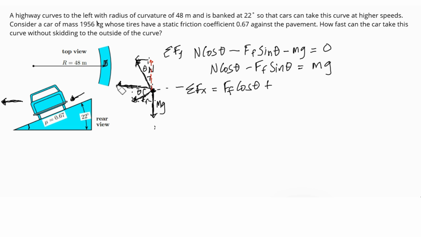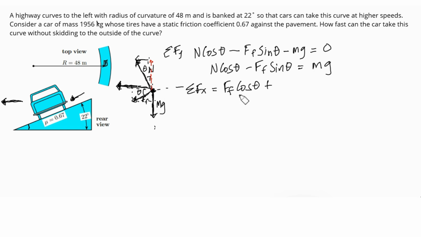this component over here. I could have drawn my thing on this side over here and then it would have been plus, but you get the idea that it really makes no difference. It's just that the way I've drawn it here, x is in the left direction.